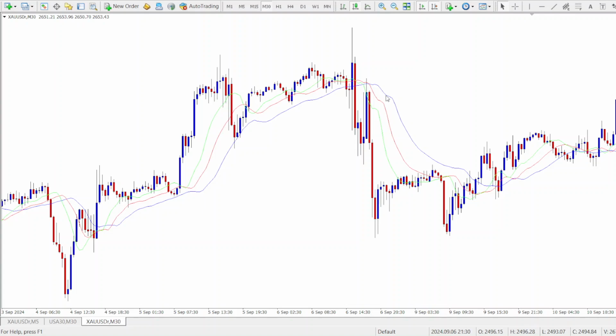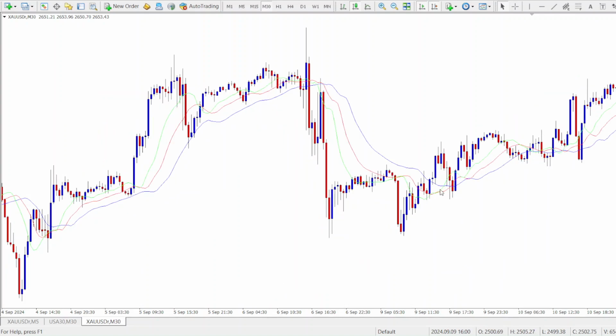Remember that the wider apart the lines are, the stronger the trend. But when you begin to see the lines tangle like in this place, then it means that the market is likely going to range or consolidate.